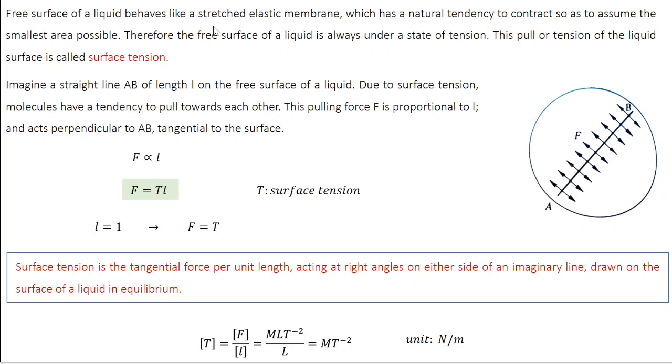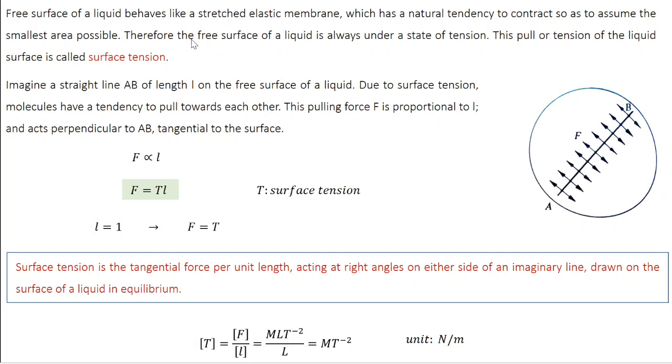It behaves like a stretched elastic membrane which has a natural tendency to contract so as to assume the smallest area possible. And what's the reason for this? I will explain that in the next slide.